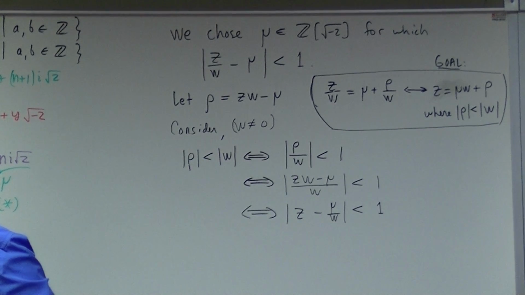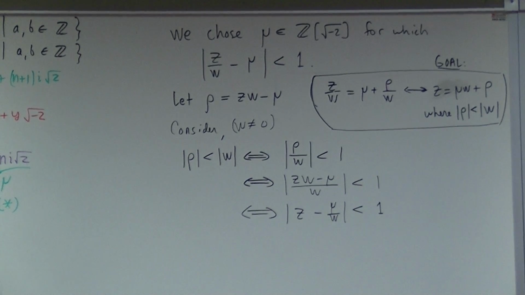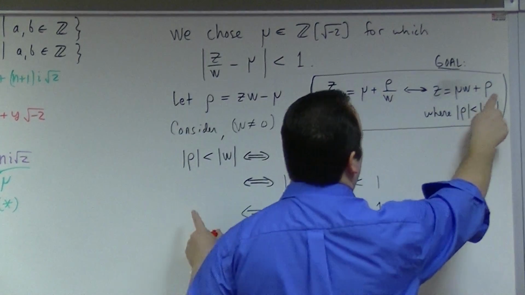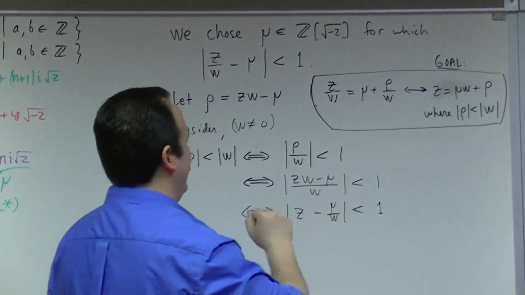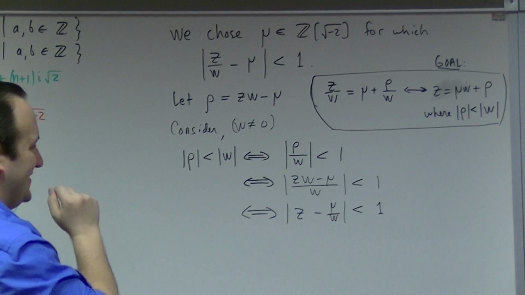Uh-oh. Oh, sadness. What did I do wrong? What should I make my definition, guys? There's something wrong. What happens if you solve this for rho? You get rho equals z w minus mu?